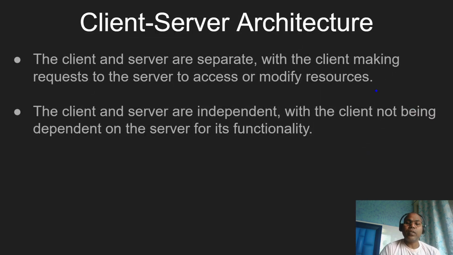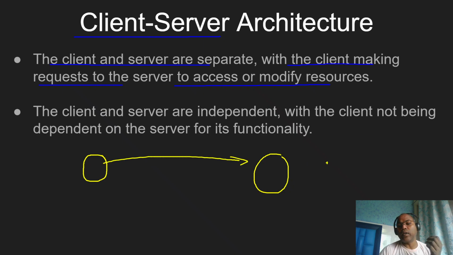And as mentioned, this is the client-server architecture where the client and server are separate, and the client makes requests to the server to access or modify resources. Here both things happen. Our client is an application, the front-end application, and the server is also an application, and the client can request to create new resources. The client can ask to update resources.